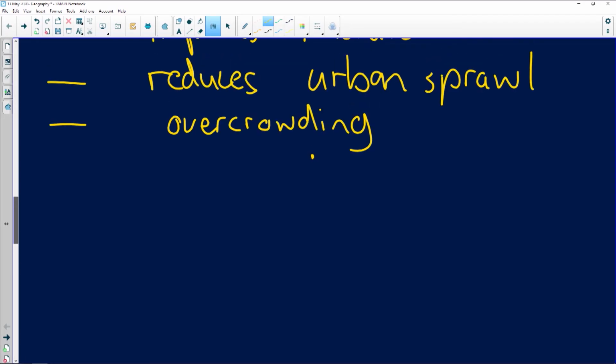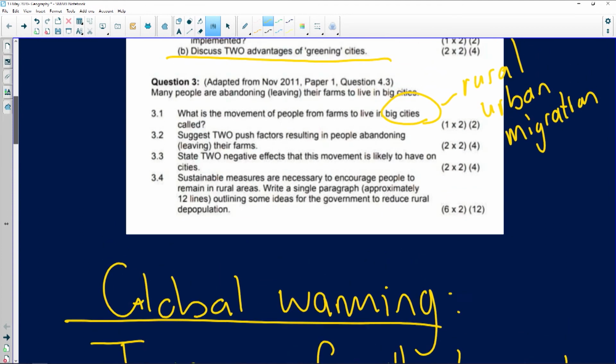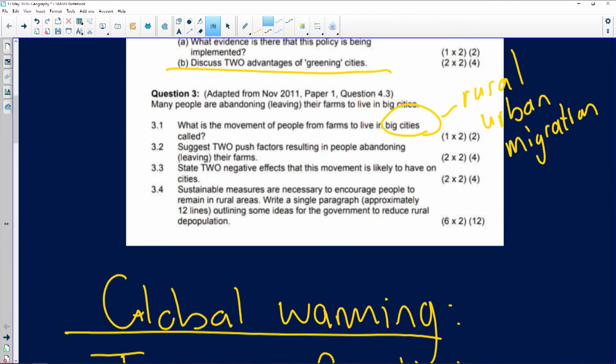If we go back to the question, suggest 2 push factors resulting in people leaving their farms, like I've mentioned. Now keep in mind, if you look at farmers, for example, we're not only talking about the employees of the farmer, but it might be the farmer himself. If he's experienced a drought, he might decide to sell the farm and move to urban areas, but lack of services such as water.